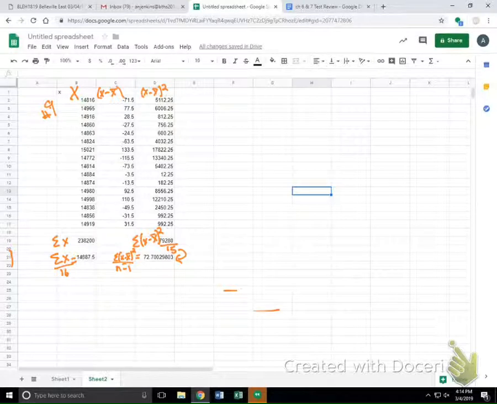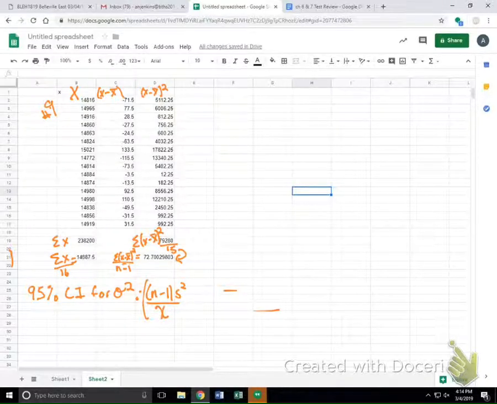So to calculate the rest of this, our formula for the 95% confidence interval for sigma squared, so our variance, is n minus 1 S squared, and remember, this is where it's flipped from our hands.